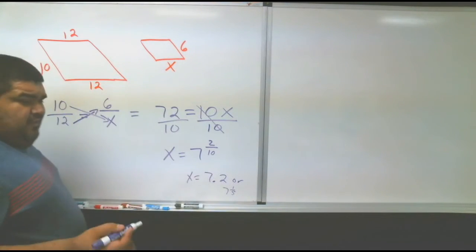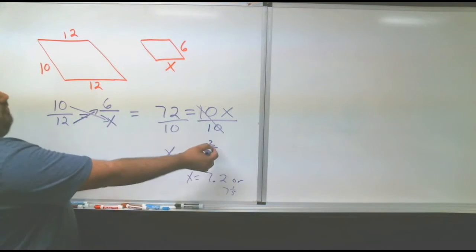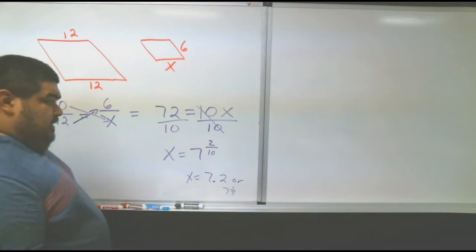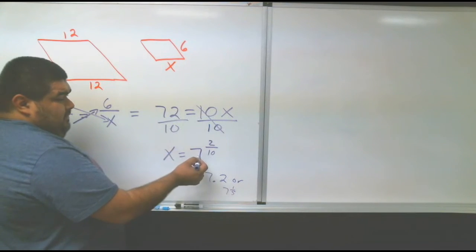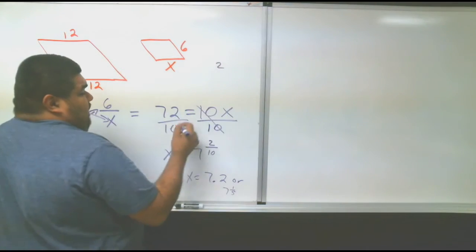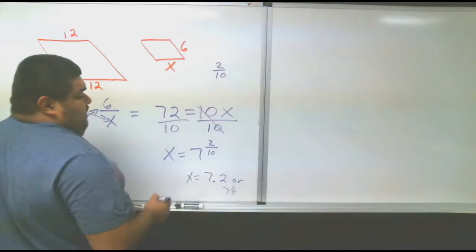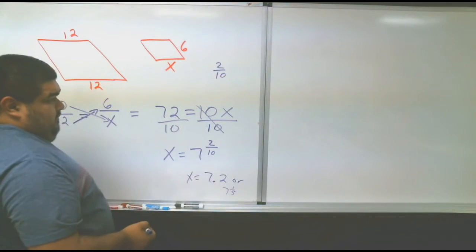You might ask yourself, how do you get those two numbers? First of all, how did you even get 2 over 10? Because 10 can go into 72 7 times, but you still have a 2 left over. Since you're dividing 2 by 10, that's why we got 2 over 10.